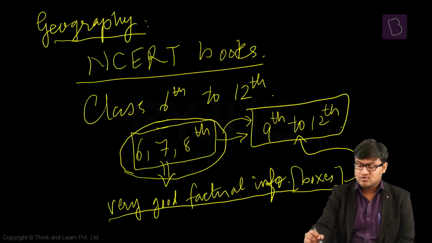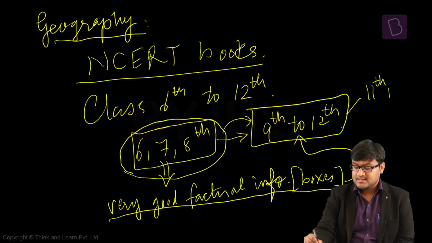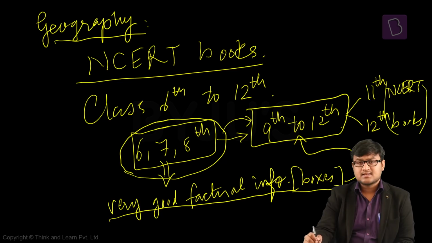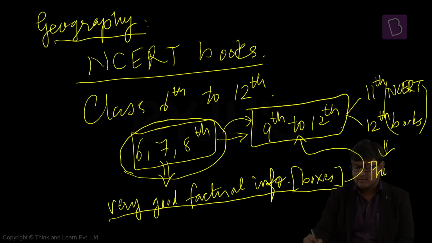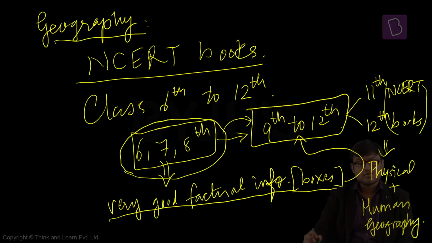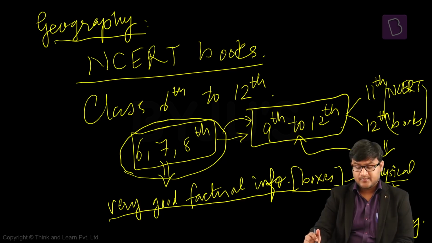Now from these textbooks, most important books are 11th standard NCERT and 12th standard books. In this, you will see physical geography plus human geography covered. And if you see, the questions coming would usually be from the physical as well as human geography in the prelims.